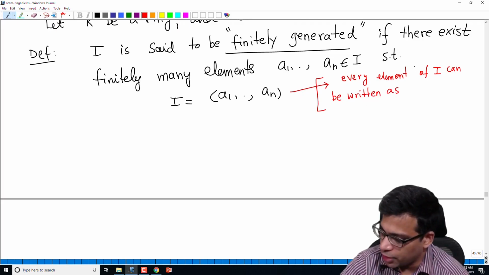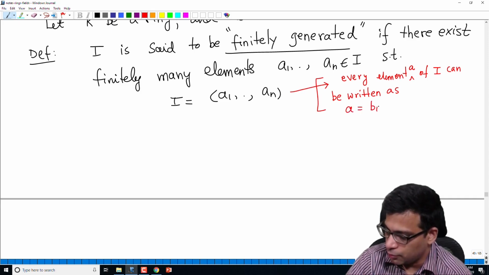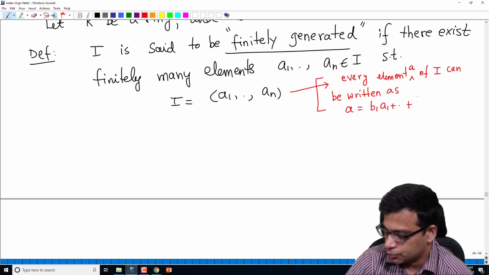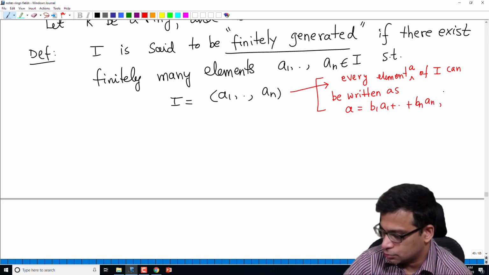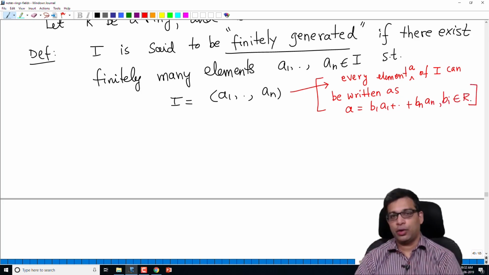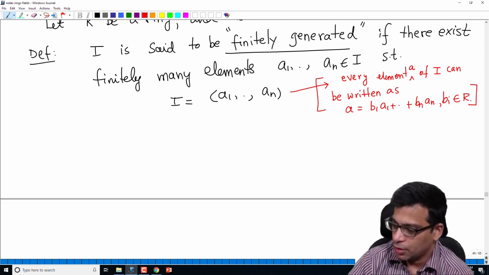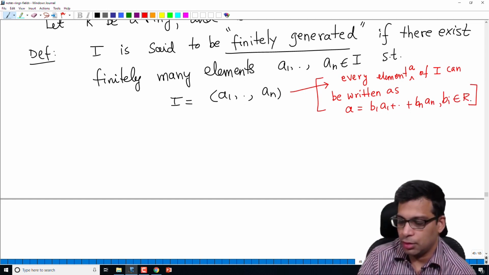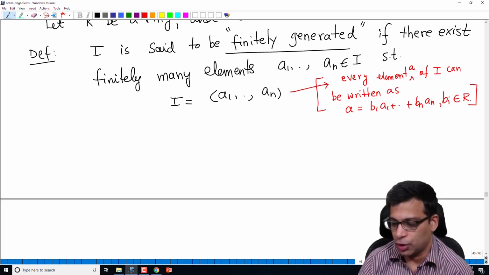So every element, let's say a of I, can be written as a equals b1 a1 + ... + bn an, where the bi's are in R. So you are allowed to take coefficients from the ring, but it must be a linear combination of a1 through an.